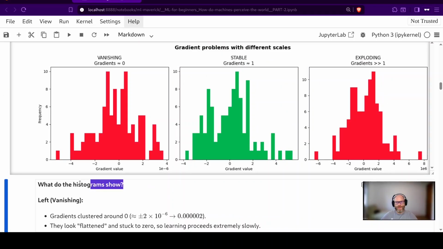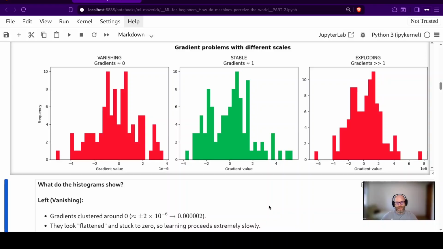So what do the histograms show? Left: vanishing, gradients clustered around 0, around plus minus 2 times 10 to the minus power, which equals 0.00000, a super small value.